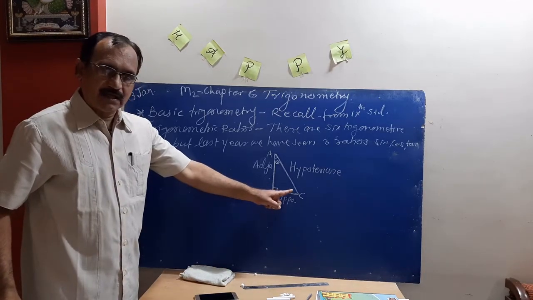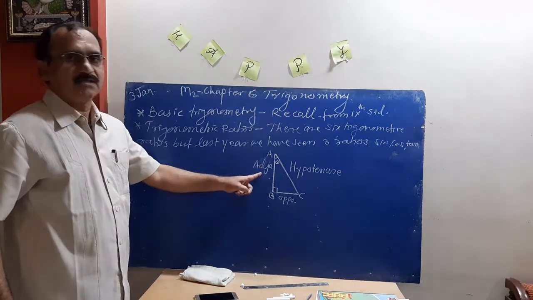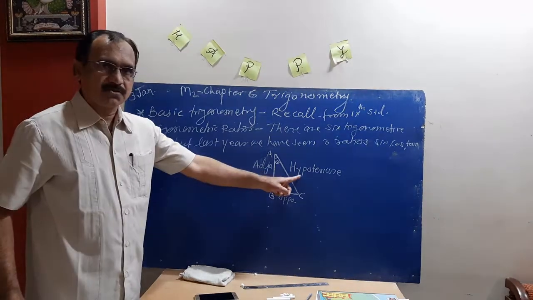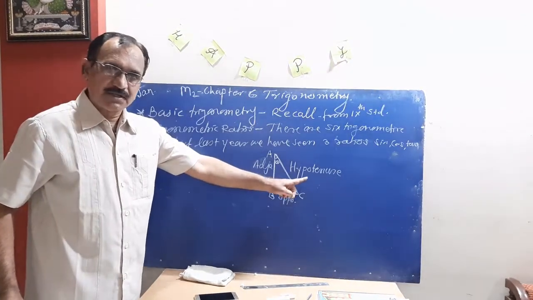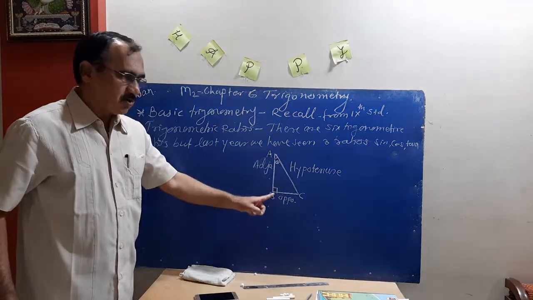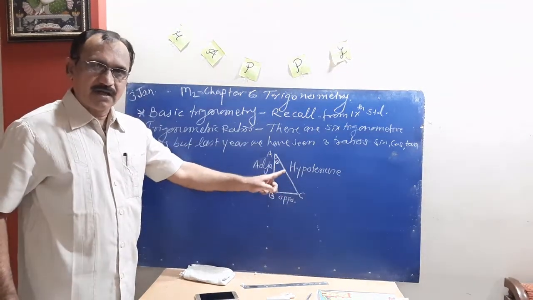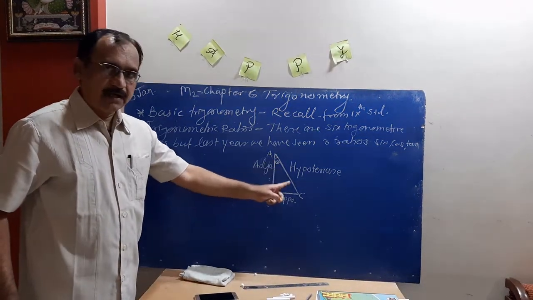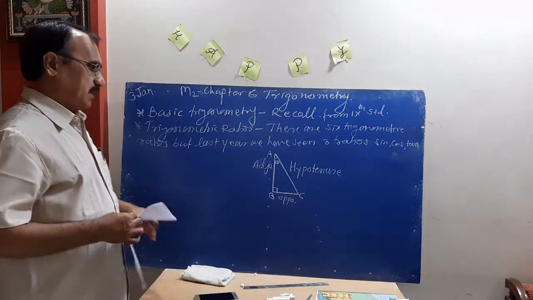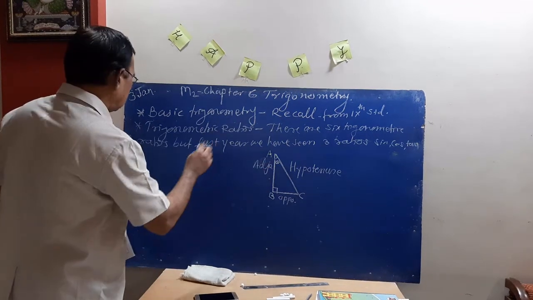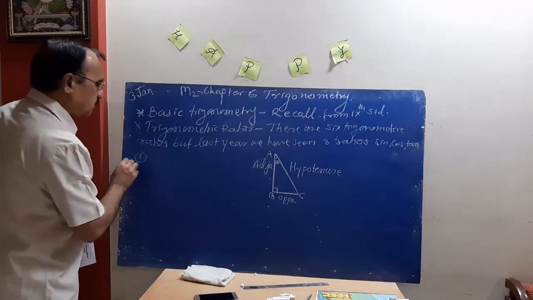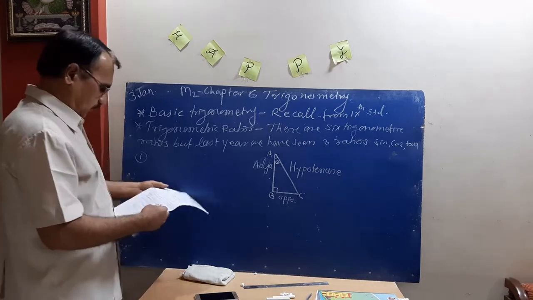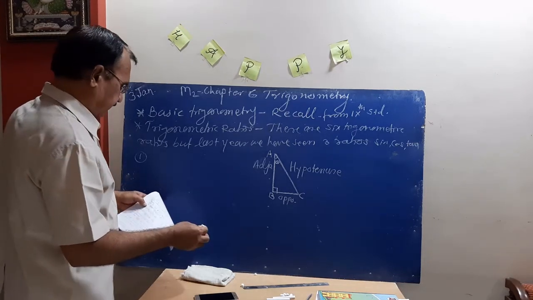If we consider this angle is theta, then this is opposite side and this is adjacent side. But hypotenuse is constant. What is hypotenuse? In each and every right angle triangle, the opposite side of 90 is hypotenuse. And for sine theta, you know the definition of sine, cos and tan from last year.